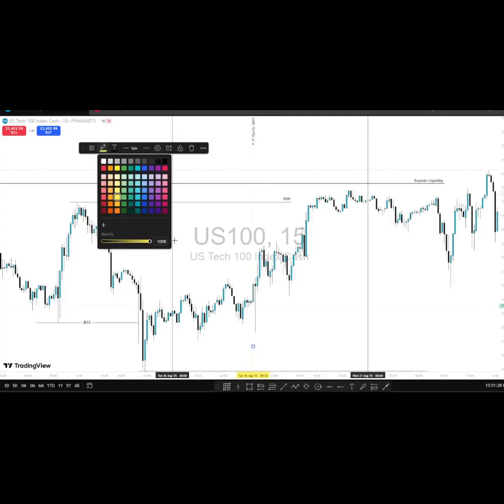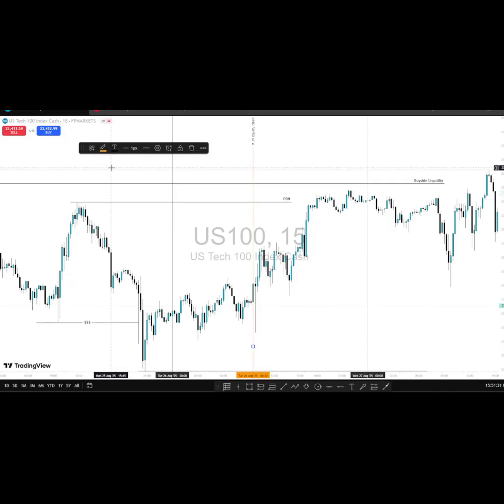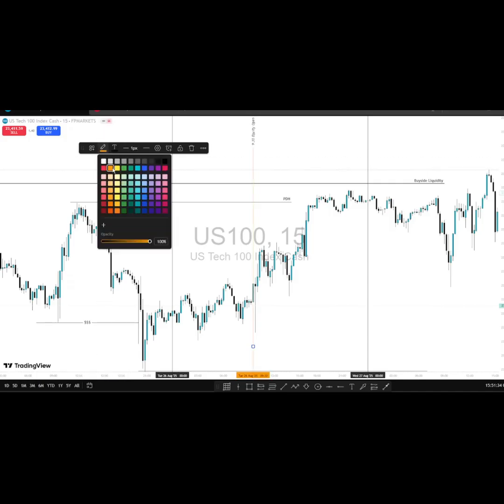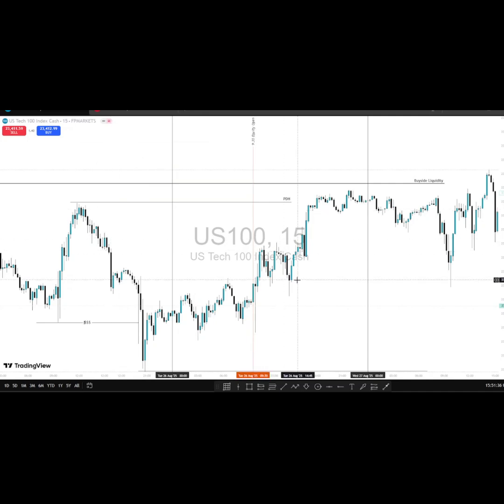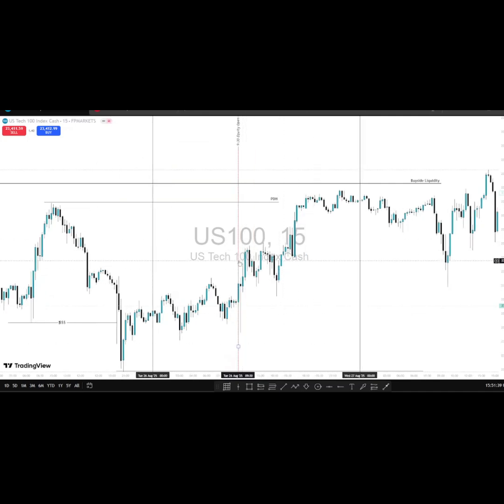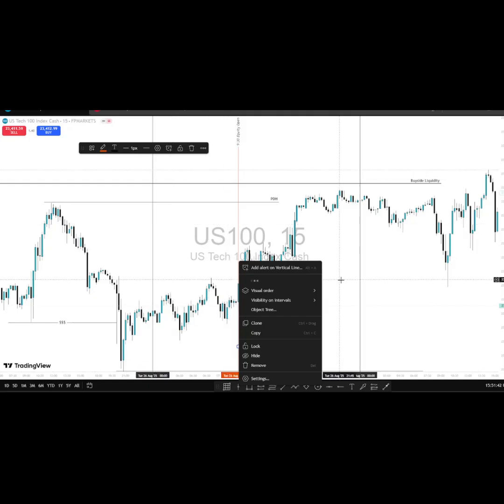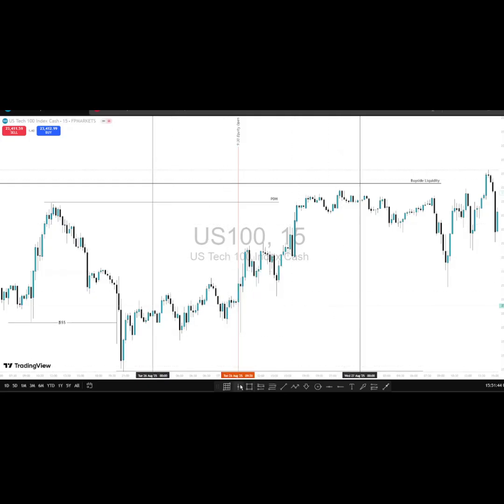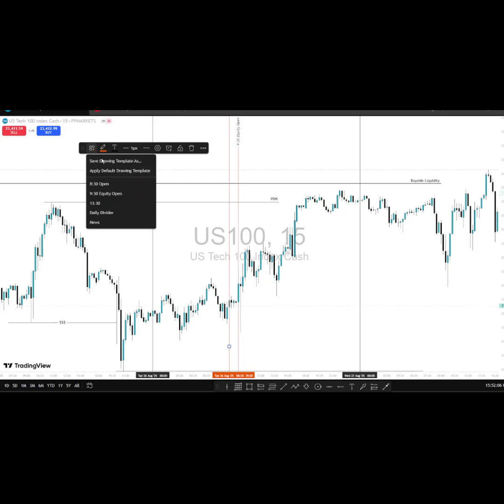All right, I'll just turn that into a color that is more visible, and that equity open. Then I'll do the same for the 8:30 open, because as I have been mentioning in my videos, the 8:30 open and the 9:30 open are one of the most important time aspects in ICT trading, basically, or in my type of trading.